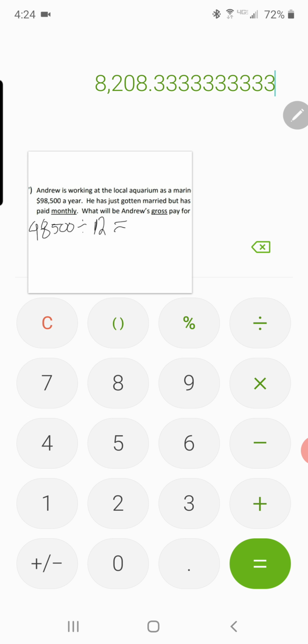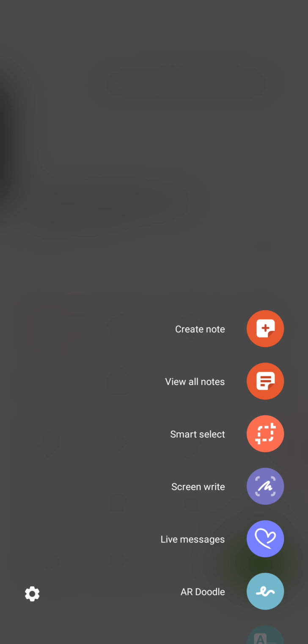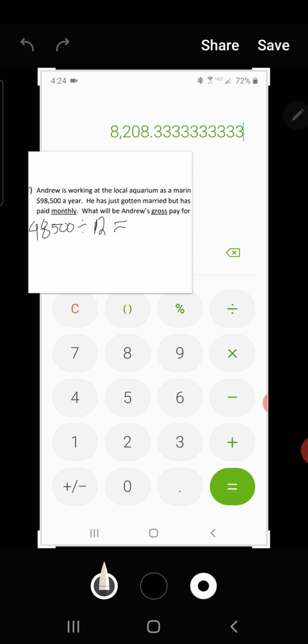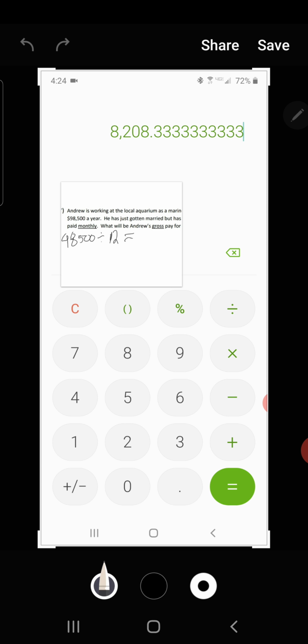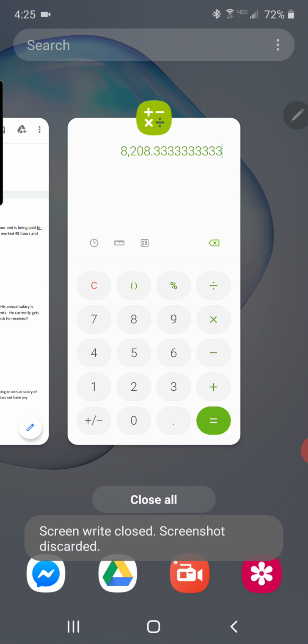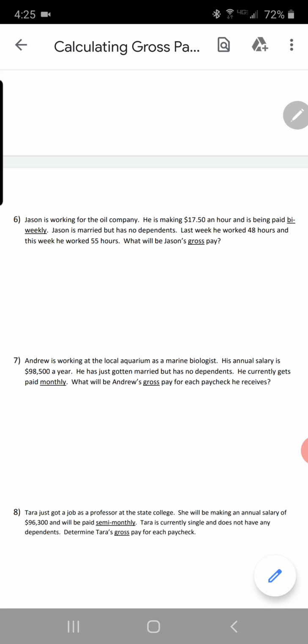All right, so it looks like he'll be making $8,208.33 every paycheck on his gross pay. Once again, every month, his gross pay will be $8,208.33. Sorry for my writing abilities, guys. Y'all know I'm terrible, but okay. Hopefully that made sense. Let's look at the next one.